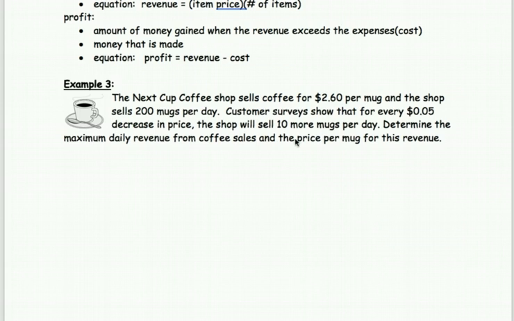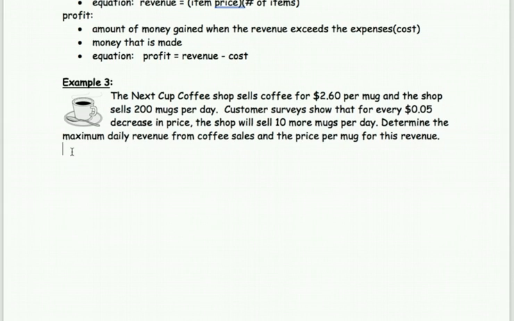Okay. So knowing that, I want you to go through and analyze the situation and then figure out what's the maximum daily revenue that you can make in sales, and what price would the coffee mug have to be?